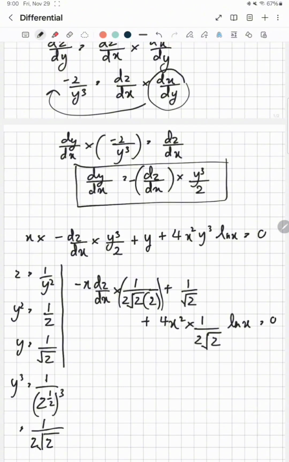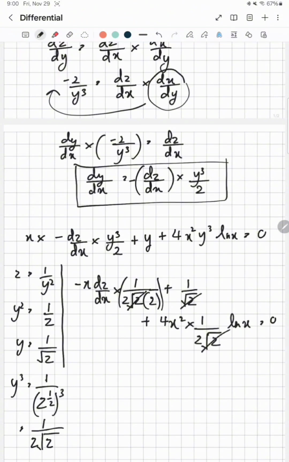So you can see root z is common in all three terms, right? It's common here, it's common here, and it's common here. So what you can do is you can just cancel them out. So we're going to cancel out z root z. That goes away.